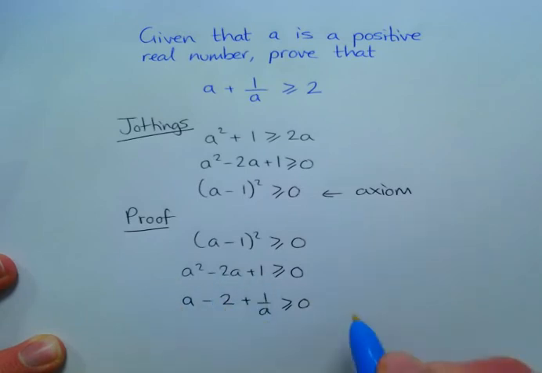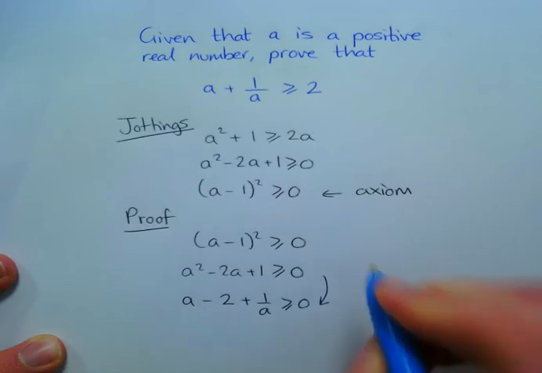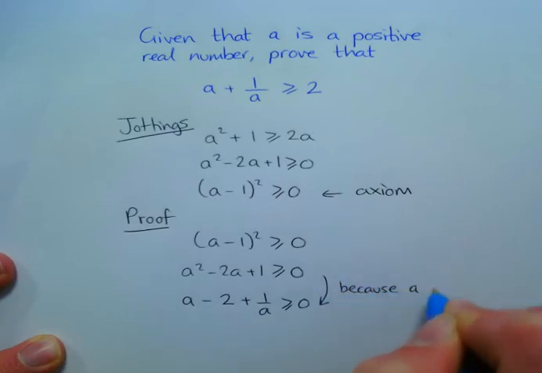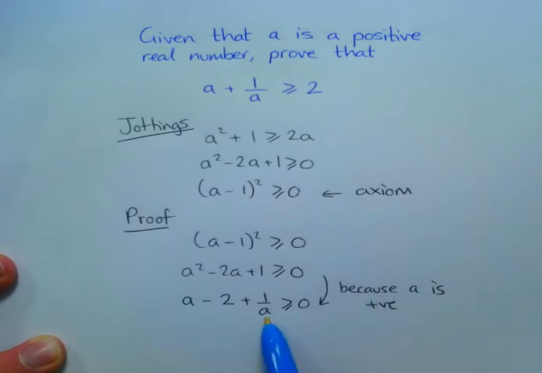And the reason I can do this, you don't have to say this, is because we know a is positive, and I'm just going to write positive like that, it's a bit of a shortcut. Now if we didn't know it was positive, then this isn't true, but because a is positive, we can definitely do that, and therefore we can say a plus 1 over a is more than or equal to 2.